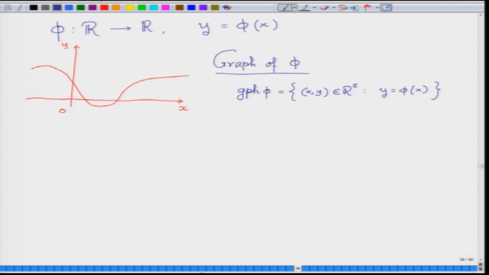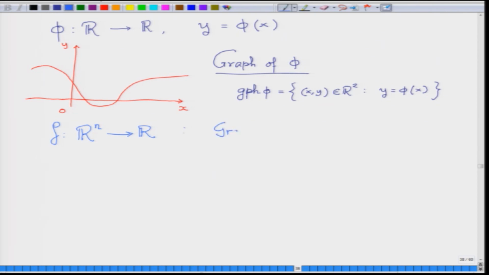So, now how do I come and talk about graphs in higher dimensions? For example, if I have a function f from Rn to R, then what is the meaning of graph of f?